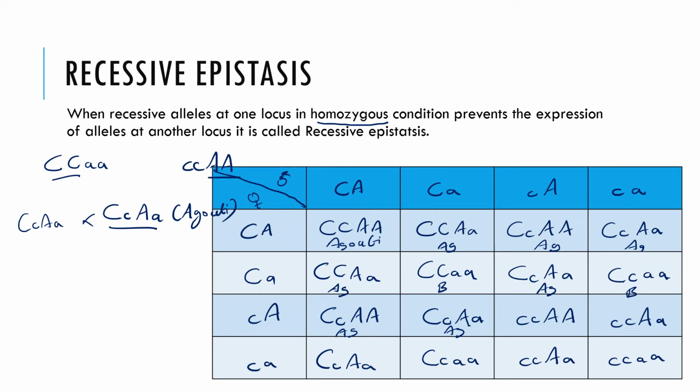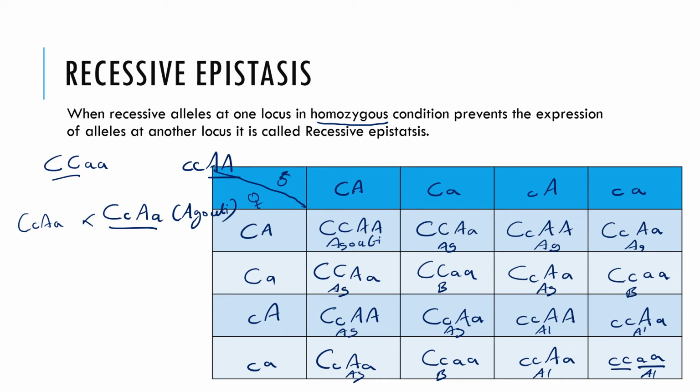The albino genes here are homozygous dominant, so this one will be agouti, this will be black, this will be albino. And here both of them are homozygous recessive, still they will be albino.